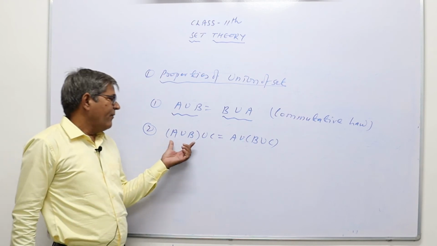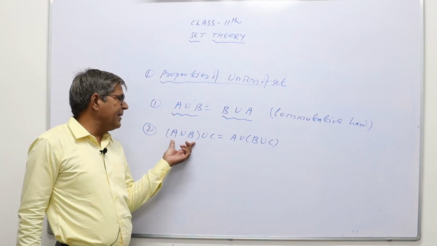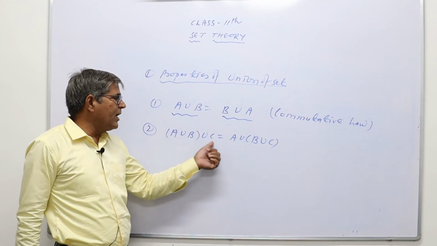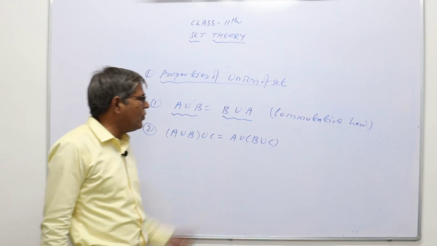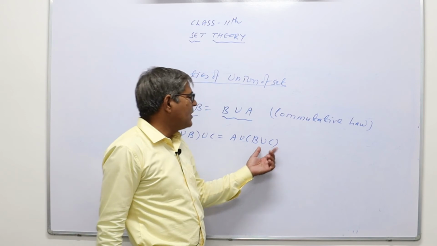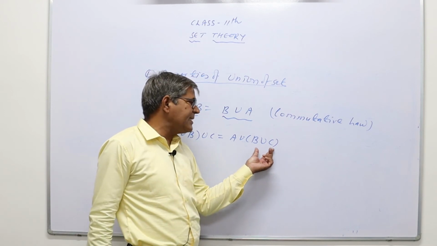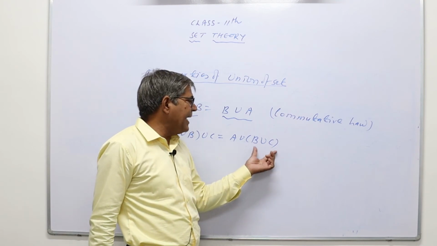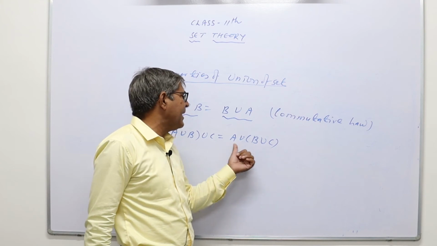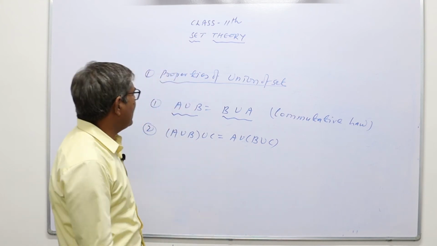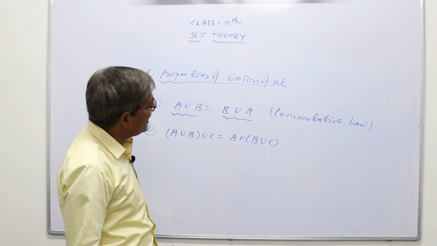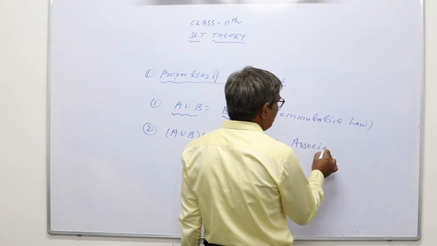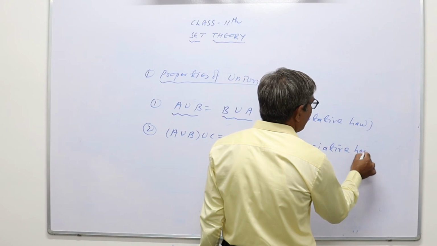That is, first we find A union B, and if the resulting set is X, then X is written with the union of set C. On the right-hand side, first we find B union C, writing all the elements contained in sets B and C, then we find the union of that with set A. So (A union B) union C is equal to A union (B union C). This is known as the associative law.